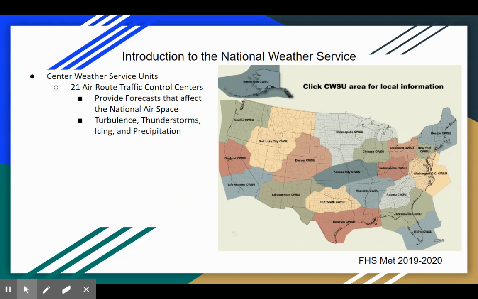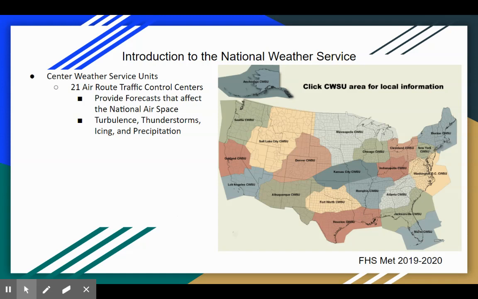There's also an aviation unit, 21 different air route traffic control centers. These aviation centers provide forecasts that affect the national airspace. And they look at things such as turbulence, thunderstorms, icing, and any precipitation that pilots may come across in their flight path.